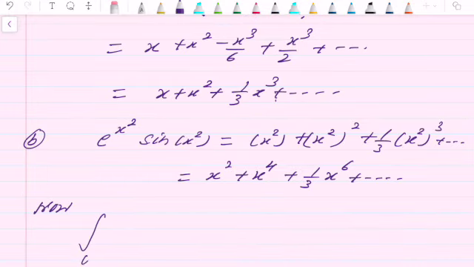Now coming back to the original question, definite integration of e raised to power x square sine of x squared with respect to x, because we have to integrate only up to 3 terms.